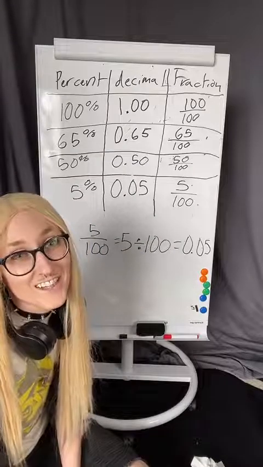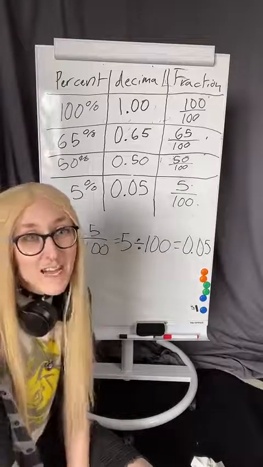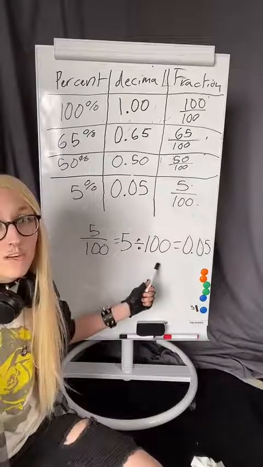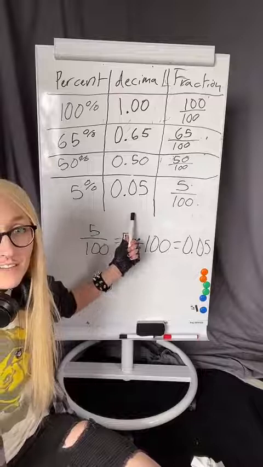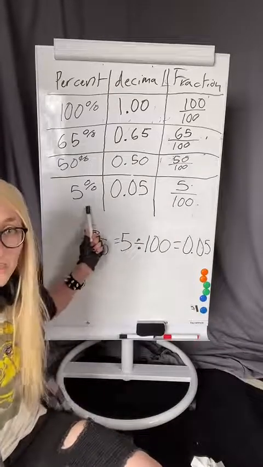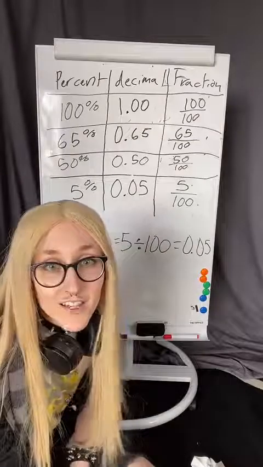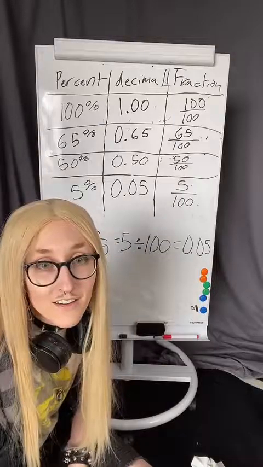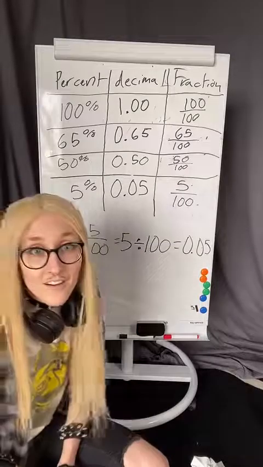If you typed it in wrong, that's going to be a rough time. But if you typed in 5 divided by 100, you should get the decimal, right? And if we get the decimal, well, then we know the percent, because it's literally just that easy.